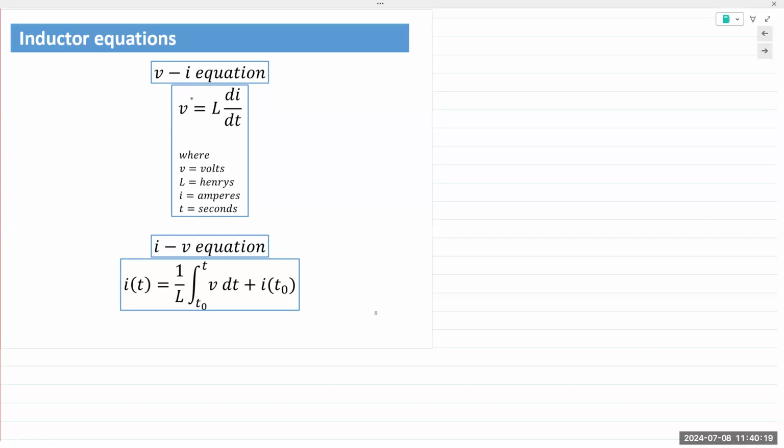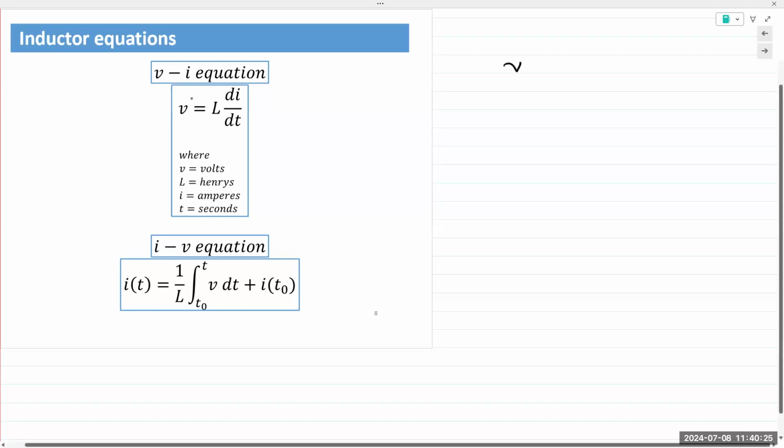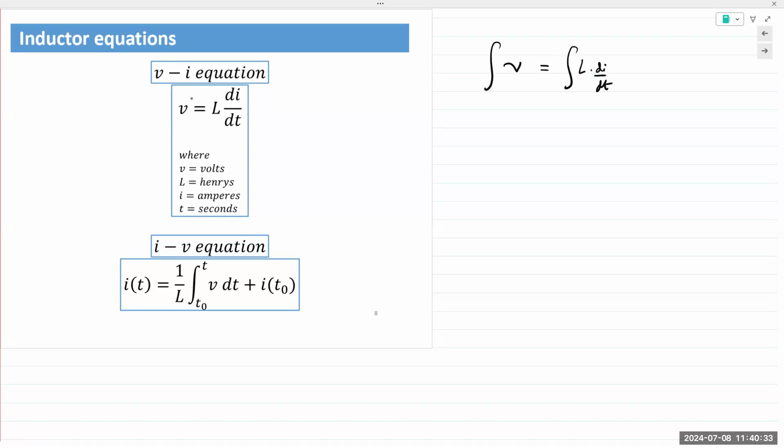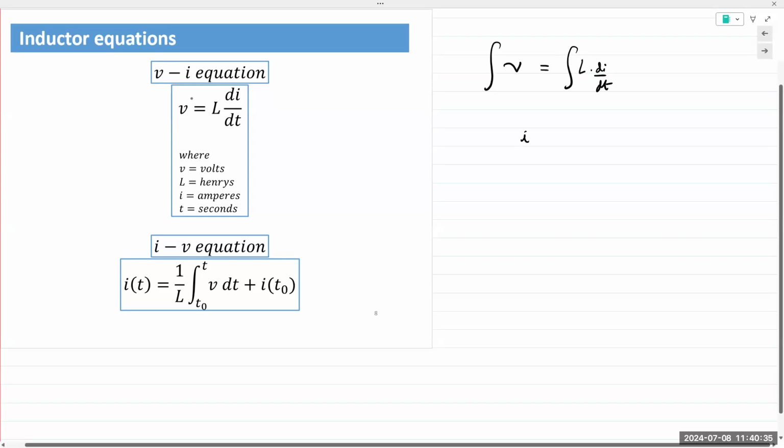If you wish to find the current, then you integrate both sides. You get the integral of the voltage, the integral of L di over dt, and so i would be equal to 1 over L times the integral of the voltage. I will explain the rest of the terms when we get to an example problem.